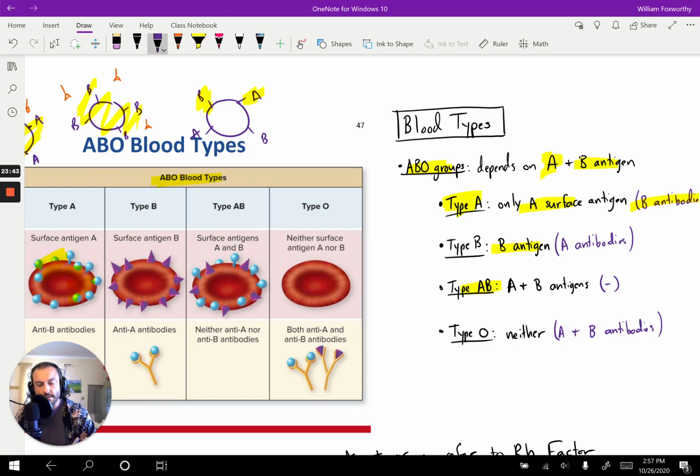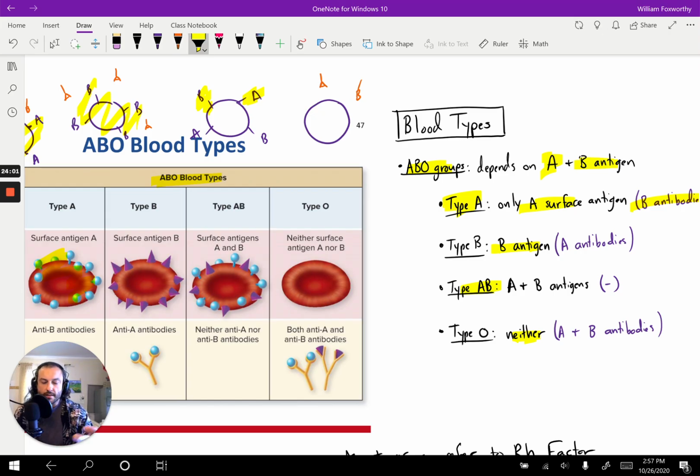And then finally, type O blood does not have A or B antigens, and as a result, they're going to produce both A and B antibodies.